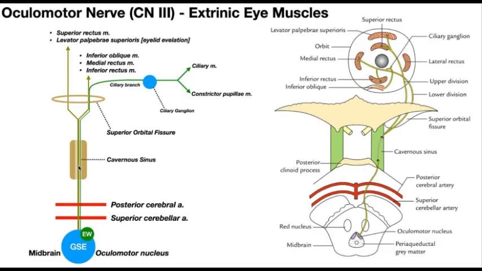This is in very close proximity with the posterior communicating artery as well as the uncus of the temporal lobe. So if you have an aneurysm of any of these arteries, be it the posterior cerebral artery, the superior cerebellar artery, or even the PCOM, the posterior communicating artery, you may have a compressive lesion of the oculomotor nerve. Now, uncal herniation is a classical cause of third nerve palsy, although these patients are usually comatose.